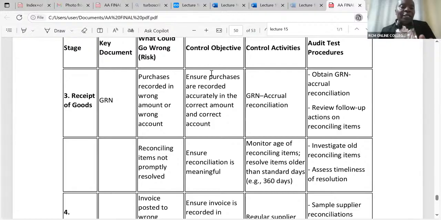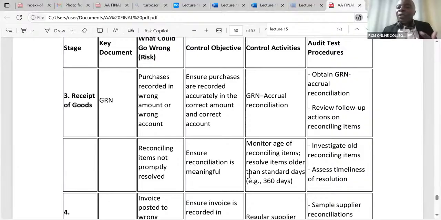Remember, this is the control objective, and the control objective, I told you, must start with the word to: to ensure the reconciliation is meaningful. Then the control activities: monitor age of non-reconciling items. Resolve items older than standard days.